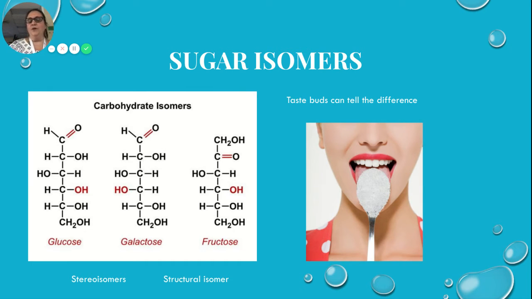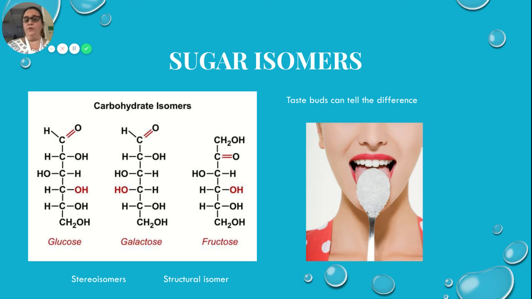Okay, so different isomers of sugar. Remember, there can be structural or stereoisomers. So we've got glucose and galactose, and you can see the difference in there, how they're stereo of each other. And then you've got a structural isomer of fructose that has a different structure.